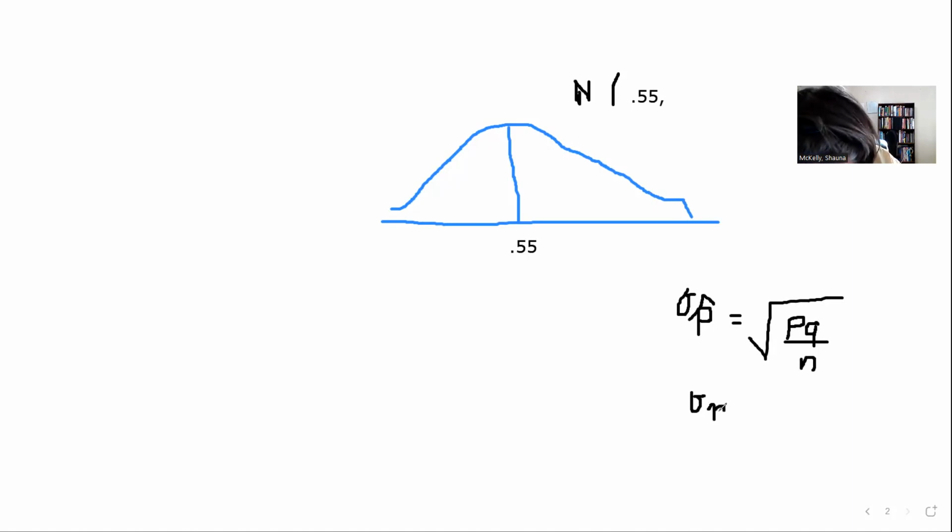So we get the square root of 0.55 times 0.45.